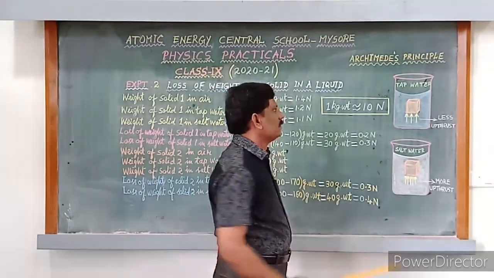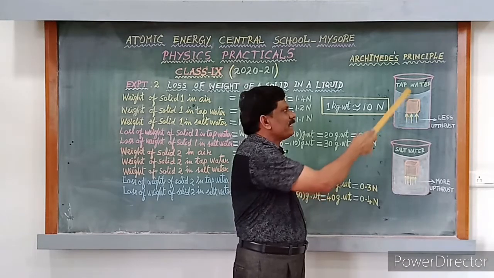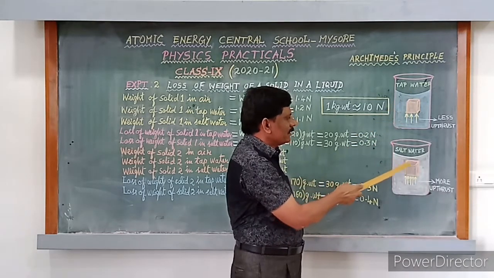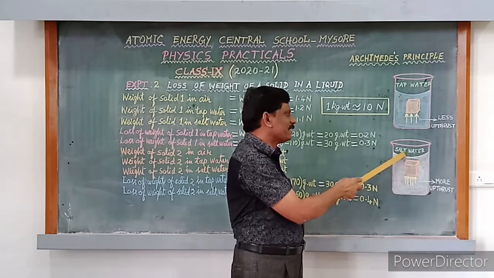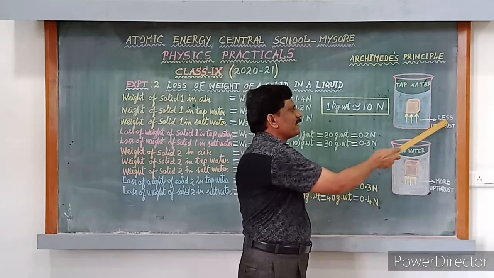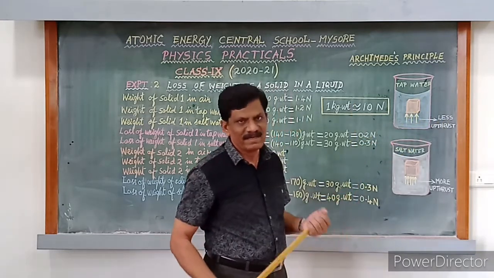Okay, students. In the first diagram, you see that the solid is immersed inside tap water. In the second diagram, the solid is immersed inside salt water. In the first picture, it experiences less upthrust because the density of the liquid is lesser.